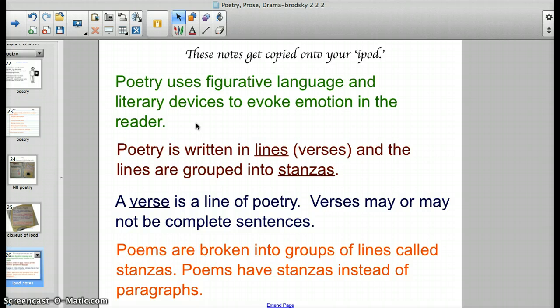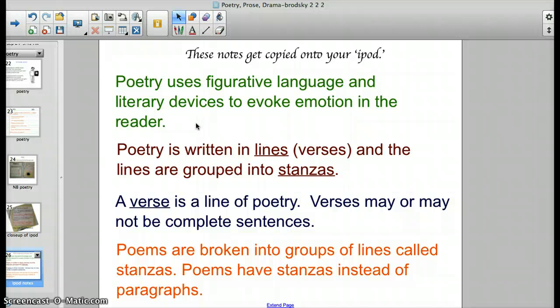Poetry uses figurative language and literary devices to evoke emotion in the reader. A lot of times when you're writing a poem, you want to have that reader get some kind of emotion out of it, whether it's joy or sadness or fear. A lot of times poetry is trying to get that emotion from you.